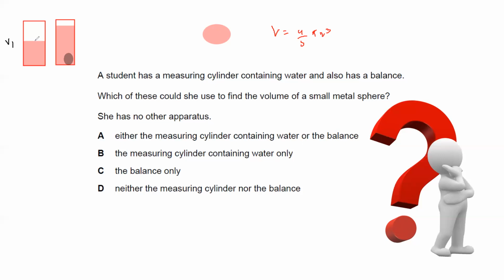This volume was V1, this volume is V2. So the difference in the volume, V2 minus V1, will give us the volume of the sphere. So this can be done even if we don't have an apparatus required to measure radius, diameter or height. We can use this measuring cylinder to get the volume of a small sphere. So the correct answer for this one is B.